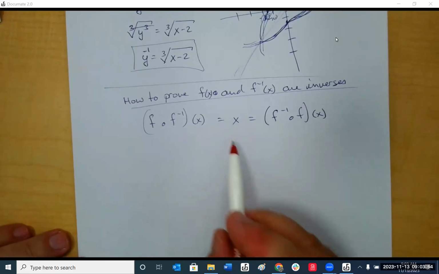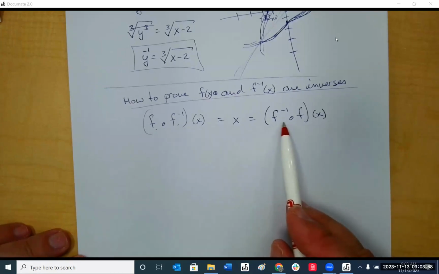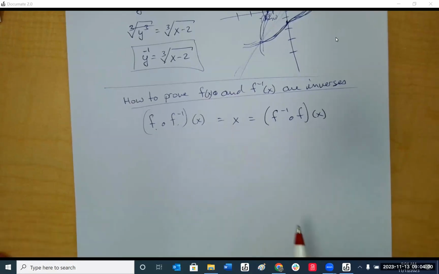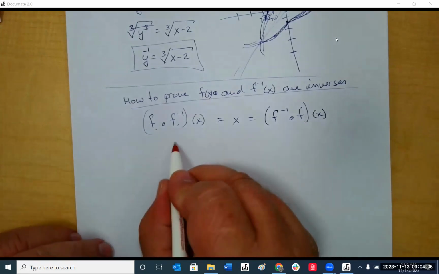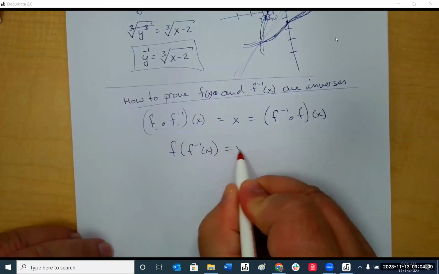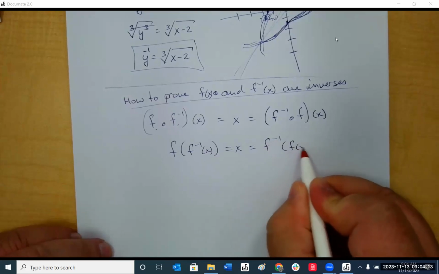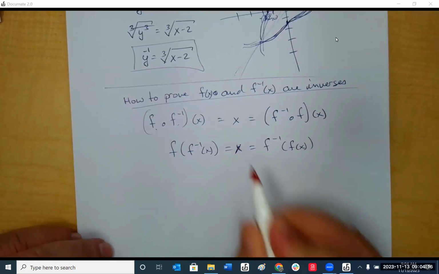The two composite functions, f of f inverse and f inverse of f, always have to equal x. So f of f inverse is equal to x, and then f inverse of f equals x.